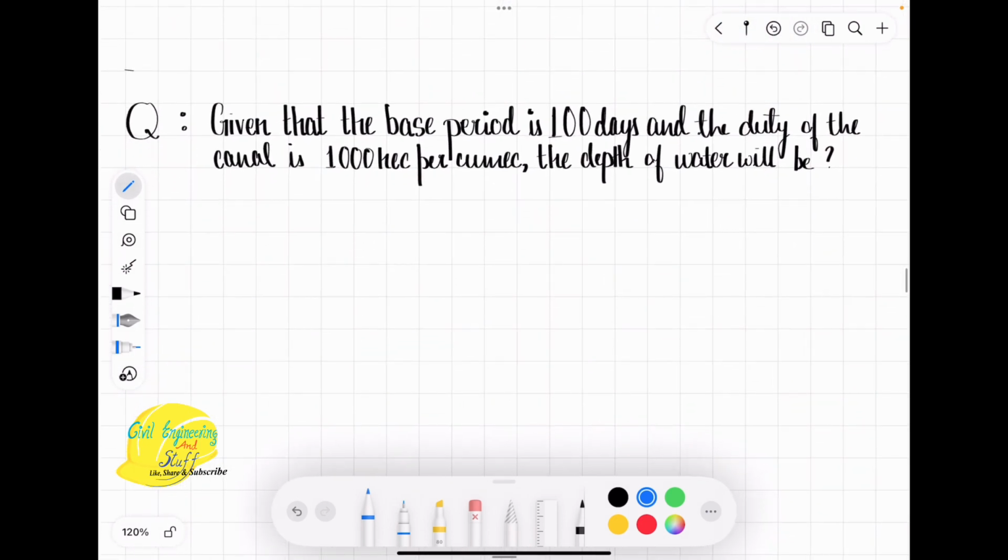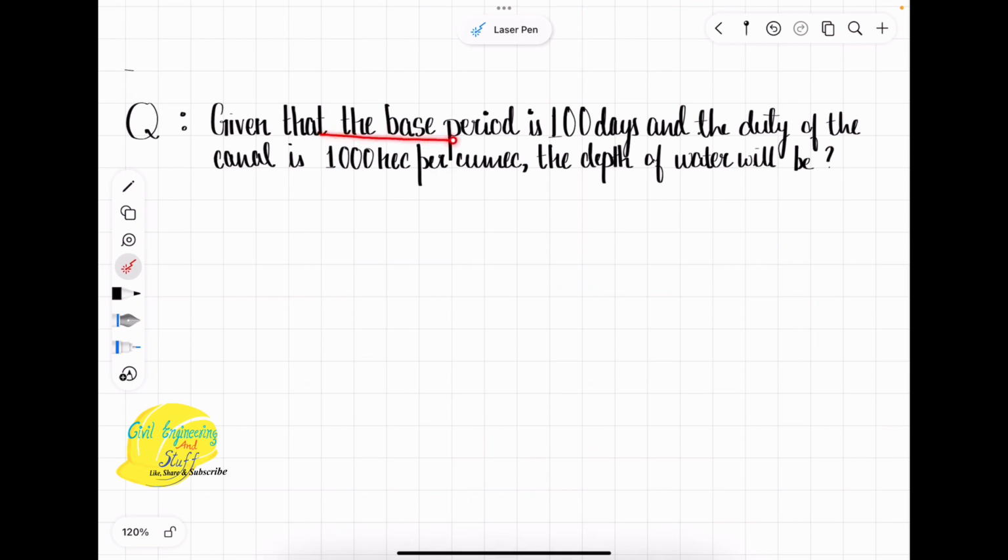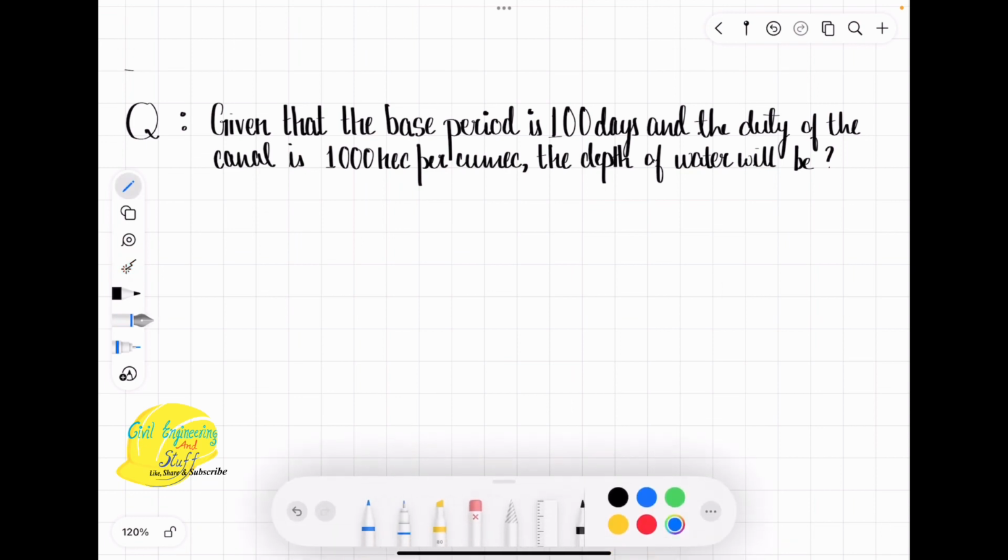Next question is, given the base period is 100 days and the duty of the canal is 1000 hectare per cumec, find out the depth of water. What will the depth of water be? I hope you understand the trick part in this question.